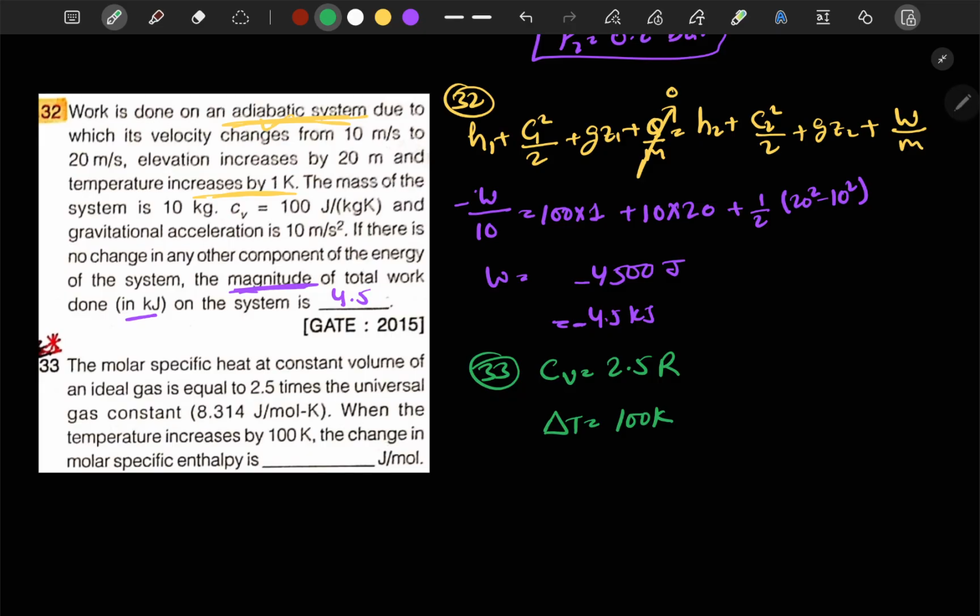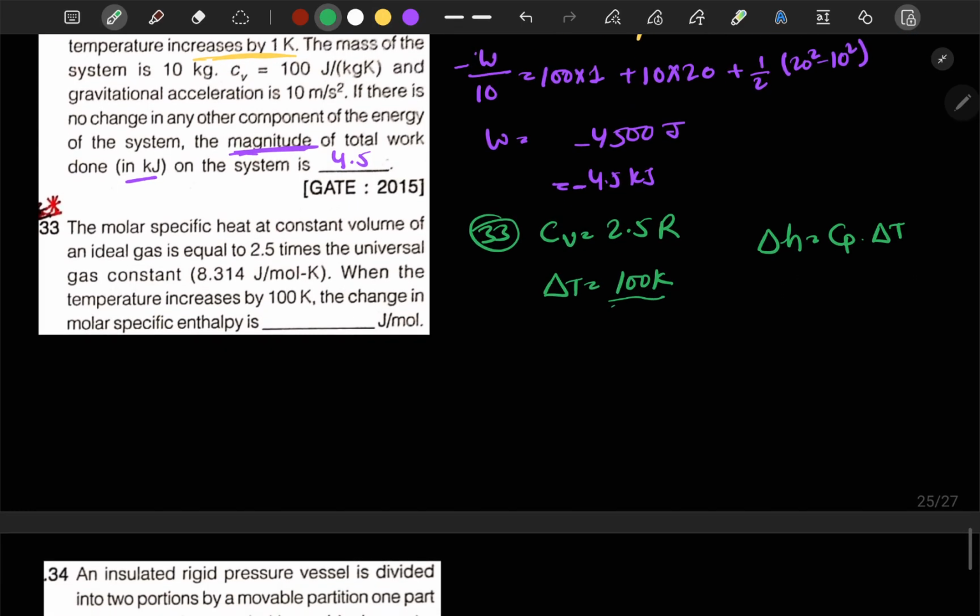So it is asked about molar specific enthalpy. Specific enthalpy is small h. If we are asked about change, then delta h is given by Cp into delta T. Now we are provided with delta T, we have to calculate Cp.